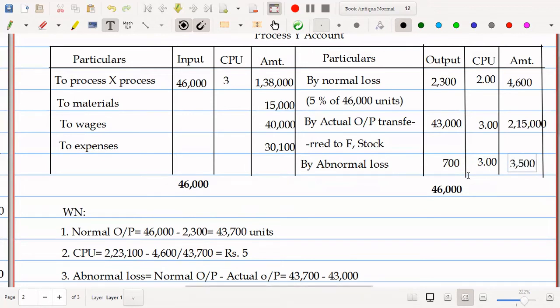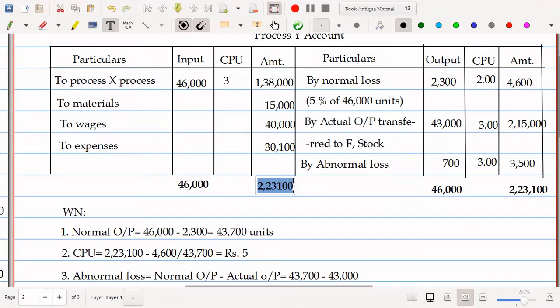Now let's check the total on both sides. The total is 2,23,100, and on this side also you can check, 2,23,100. So this is how we have to prepare process accounts.